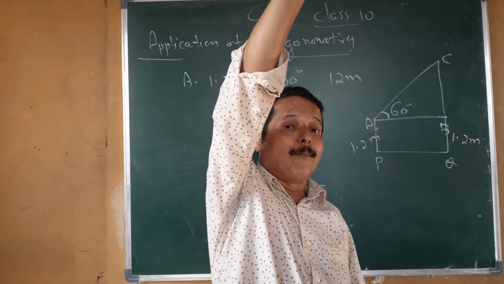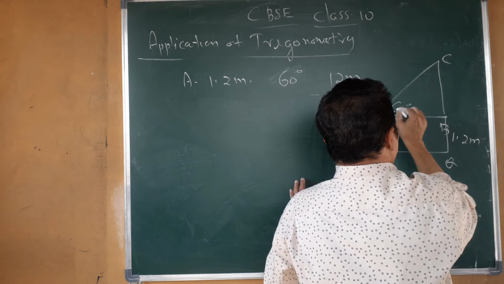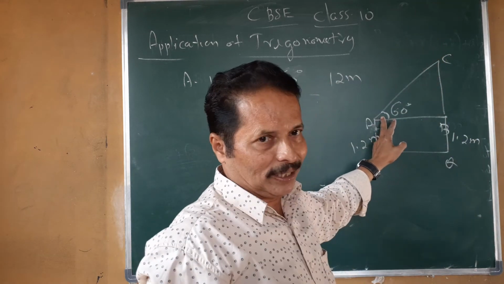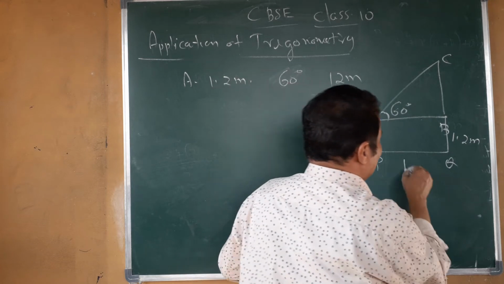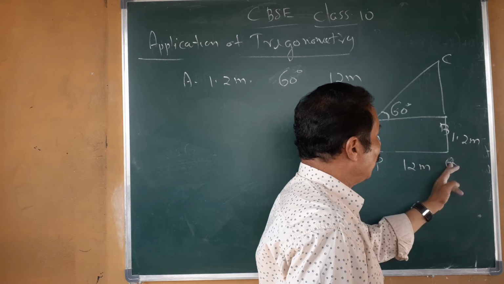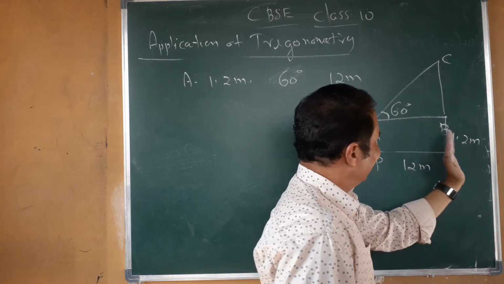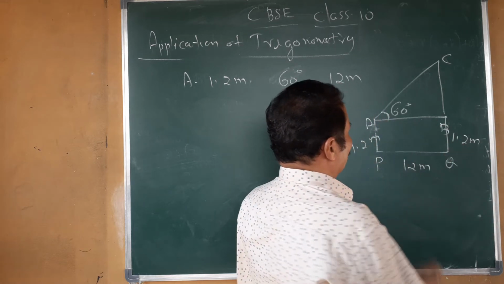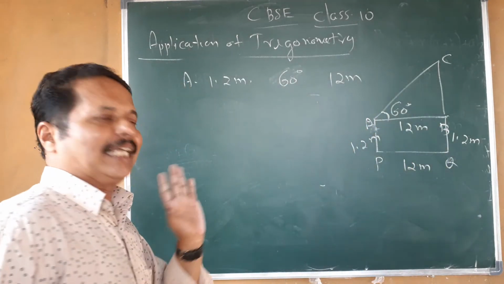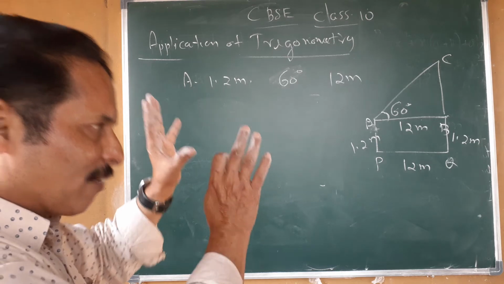And he is looking upwards to the top of a pole at an angle of elevation 60. So looking up, this is the angle of elevation. He is standing 12 meter away from the foot. You see the flat post? Foot is this. PQ equal to 12 means AB is also equal to 12. This is the figure. Figure is compulsory. You look very carefully at the figure.